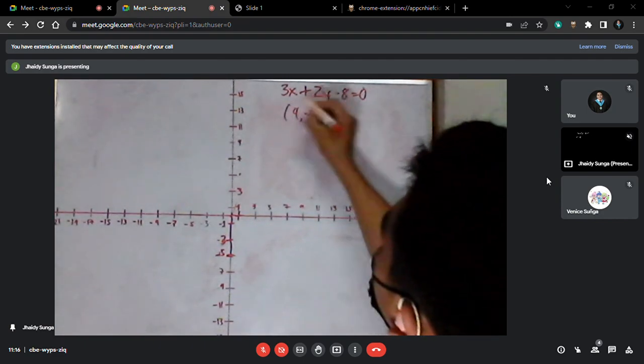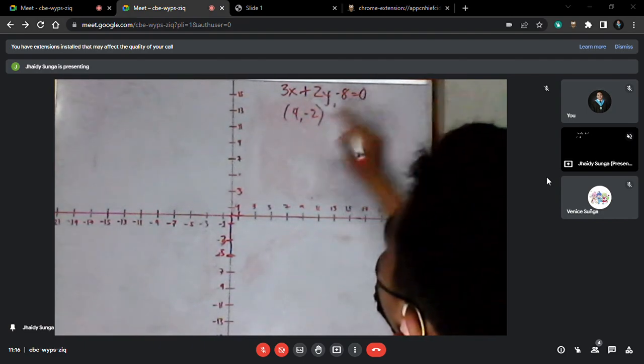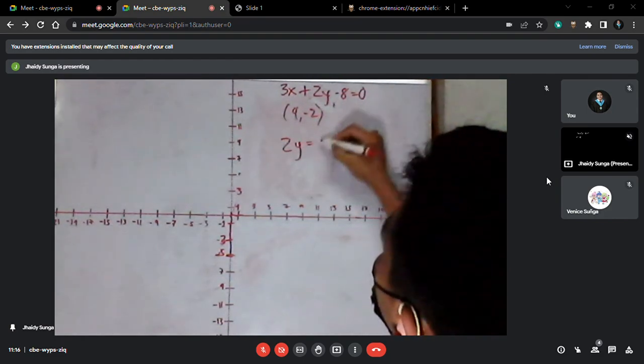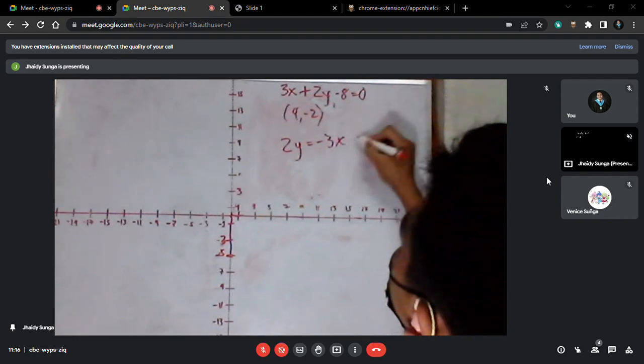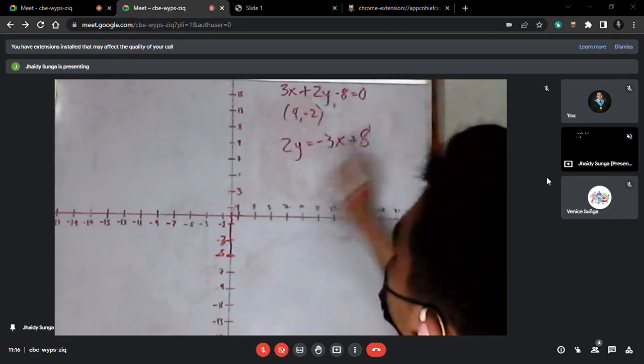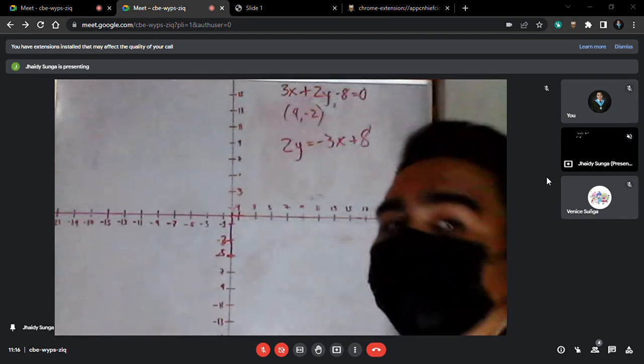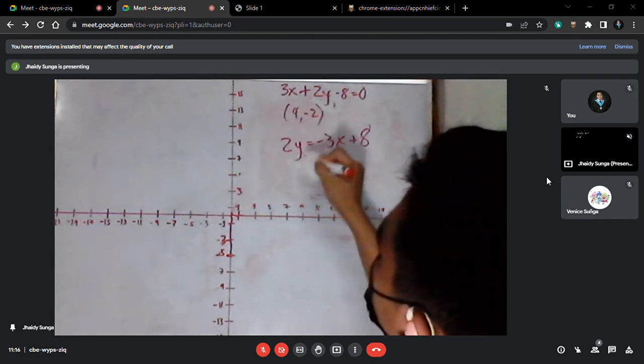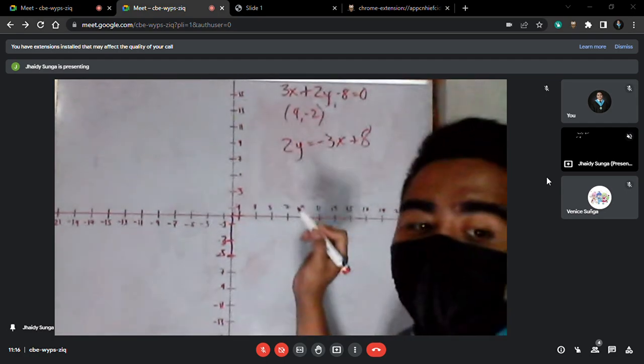So we are going to transfer 3x and negative 8 to the other side, which forms 2y is equal to negative 3x plus 8. Alright, so from this one, only y is the one that I am getting. If only y is the one that I would like to get.